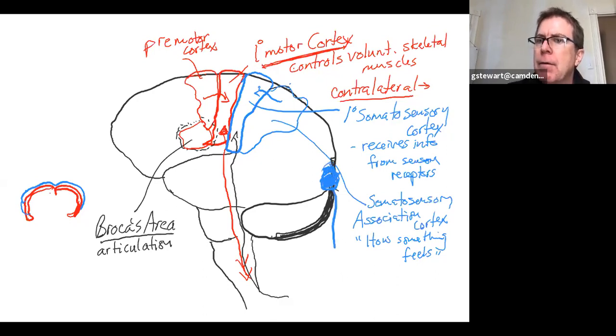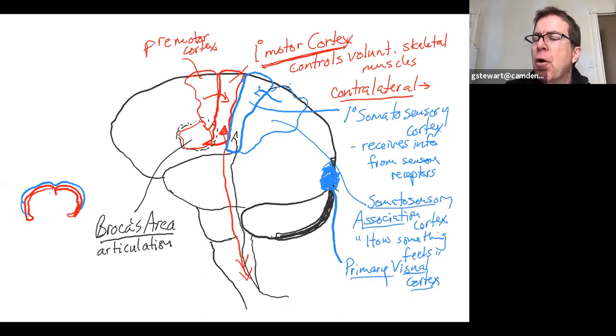So let me go down here. It's in the occipital lobe. That is the specific area of the brain where we interpret what the signals are from our eyes, the stimuli from our eyes, and that's where we sort out actually what we are looking at or what we are seeing.